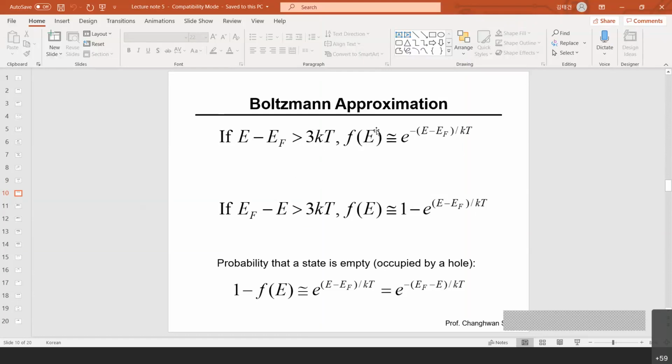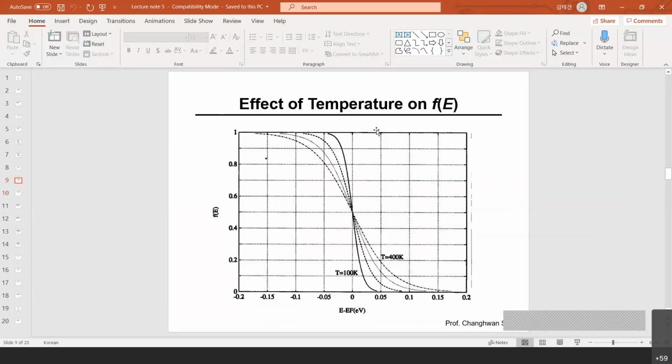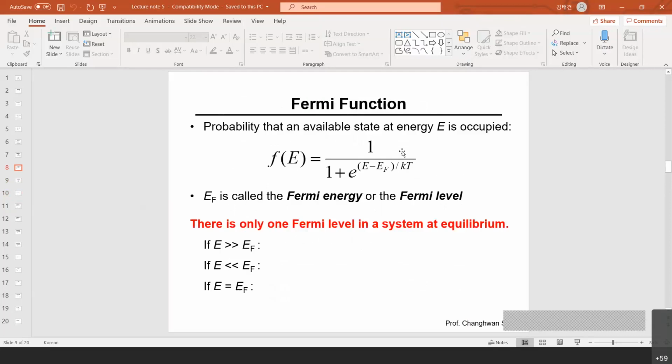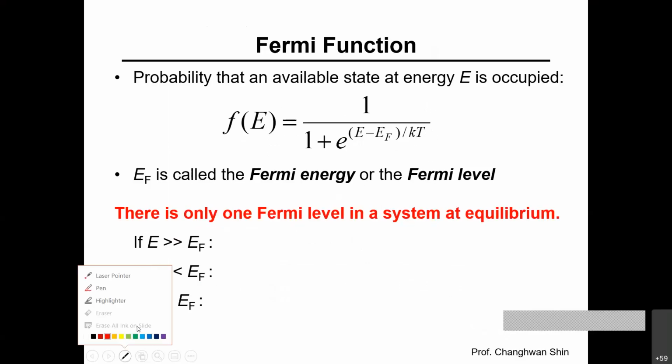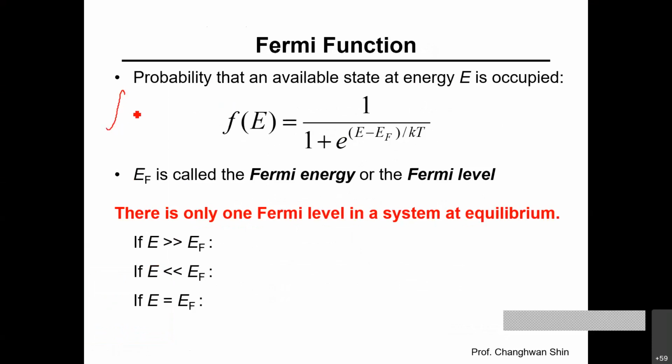the very complicated form of Fermi function that we have learned here, take a look, 1 over 1 plus exponential power, looks complicated even when you are doing the integration work. It is not easy to estimate. Suppose that in calculus class, you have 1 over 1 plus exponential x dx.